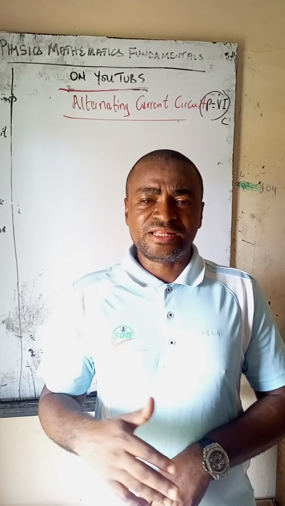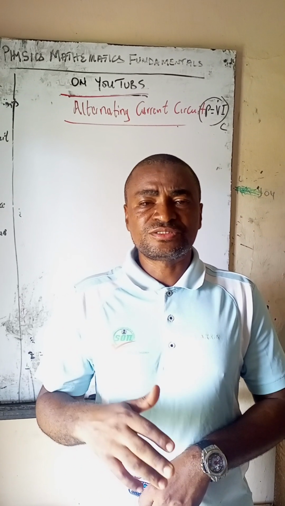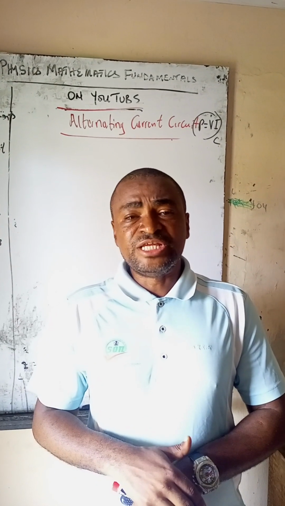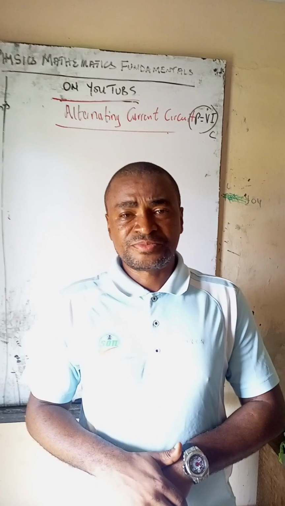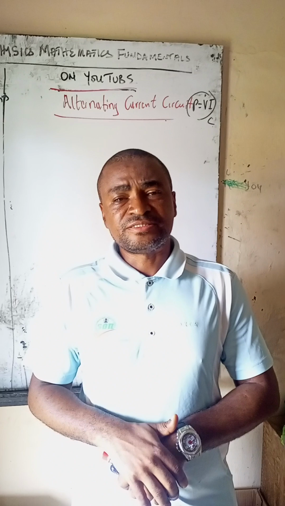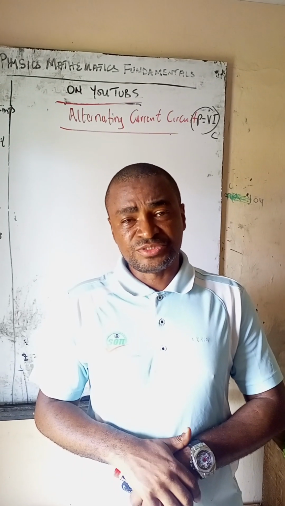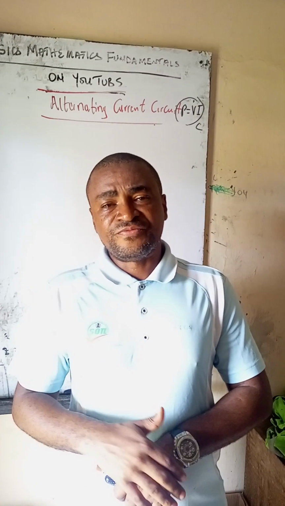I also let us realize that in an AC circuit, only the resistor dissipates power and energy, but the inductor and capacitor do not dissipate power and energy. Therefore, the power for a capacitor and an inductor in an AC circuit is always equal to zero. So please check my other video to have a full understanding.